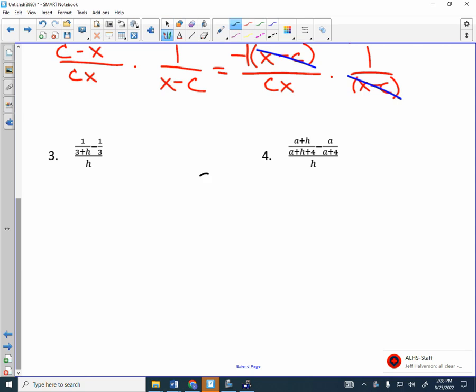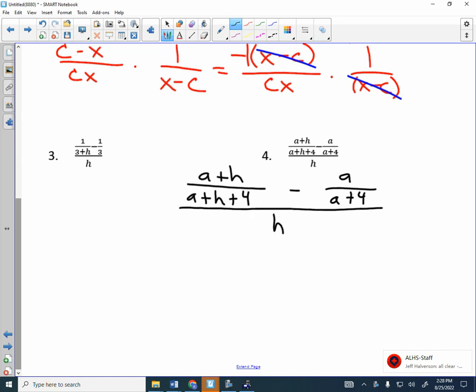I'm going to write it out a little bit larger. A plus h over a plus h plus 4 minus a over a plus 4, all over h. Okay. What am I going to do here to create a common denominator?